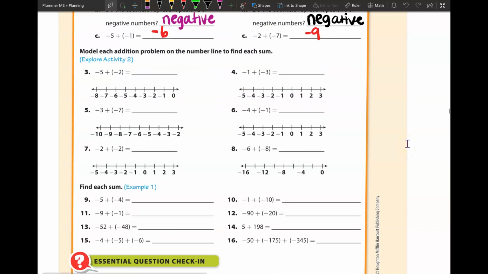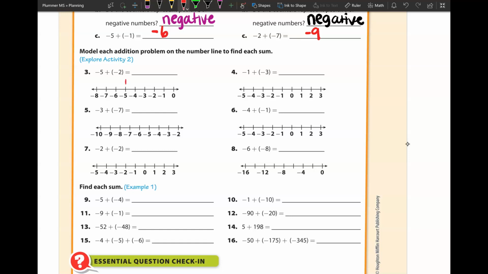Now on the number line, it's going to look a little bit different since this is horizontal and not vertical. So I'm going to show you a few examples. So what you have to do is read your problem first. I have -5 plus -2. So first I'm going to start at 0 and go to my first number. My first number is -5, so I'm going to start here.